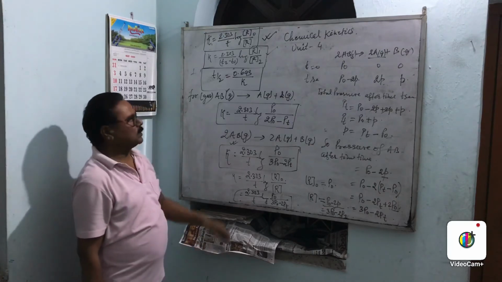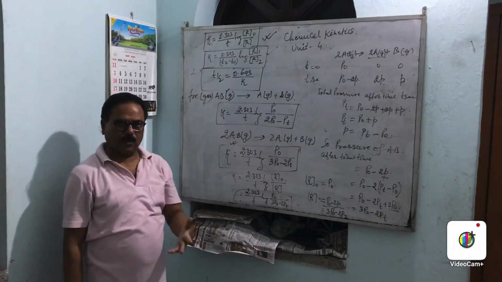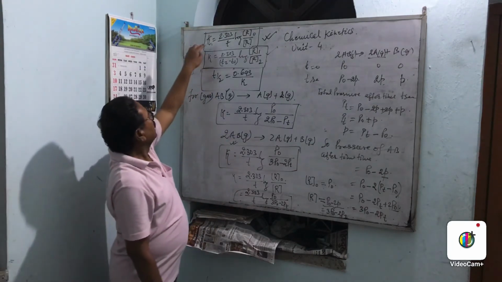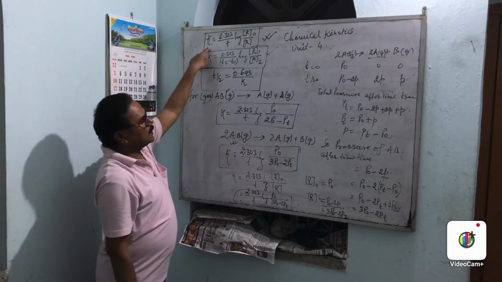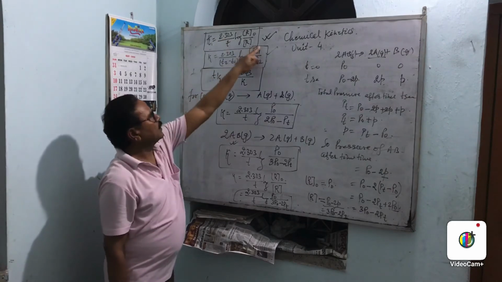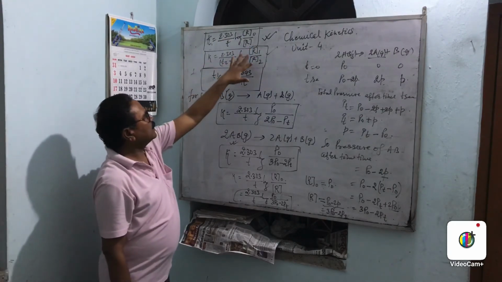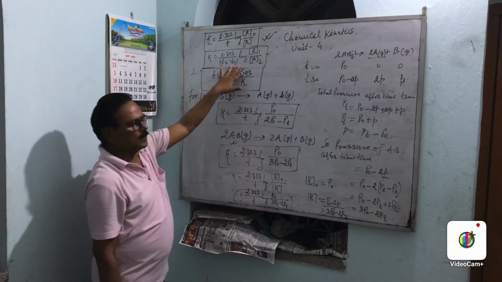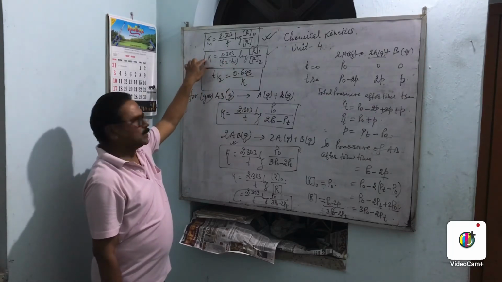I hope that you are able to solve the problem now. You try yourself. I have given the hints for the rate constant for a first order reaction. If different concentrations are given at different time intervals, use this equation.